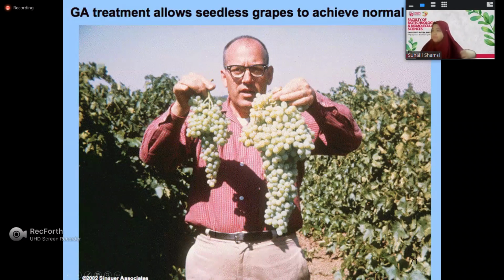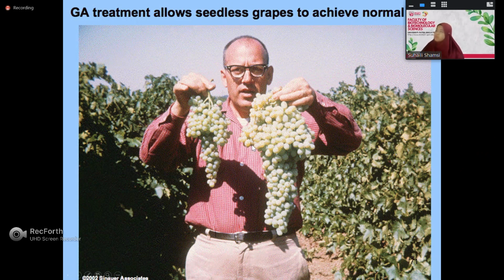So this one here is a vineyard, right, or a grape orchard. You can see that this is the normal size of a grape. Okay, and then this is after gibberellic acid treatment. You can see that it produces more fruits, and the fruits are bigger in size, right?